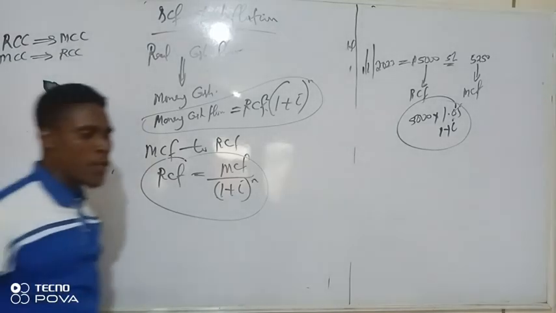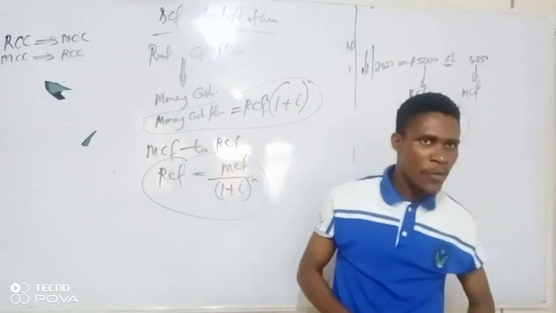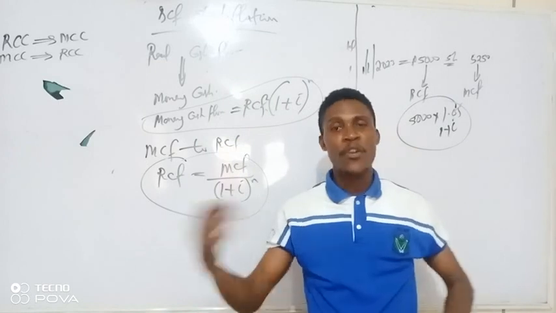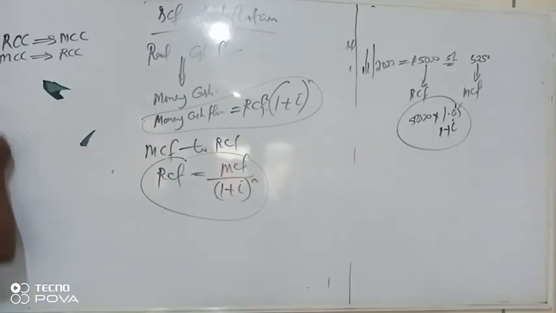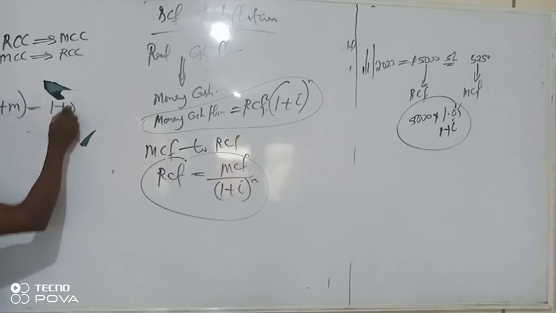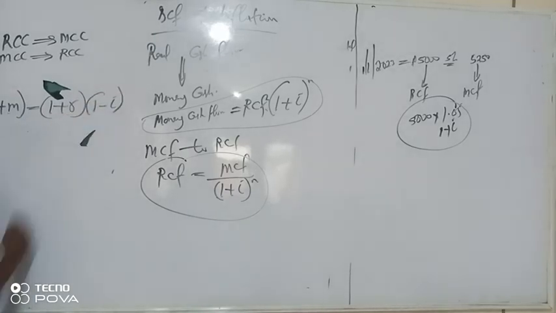Just apply the equation that we call the Fisher effect equation. It considers the relationship between the money cost of capital and the real cost of capital. It looks like this: 1 plus money cost of capital is equal to 1 plus real cost of capital into bracket 1 plus inflation.